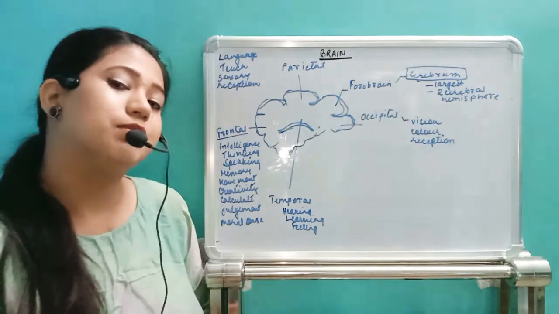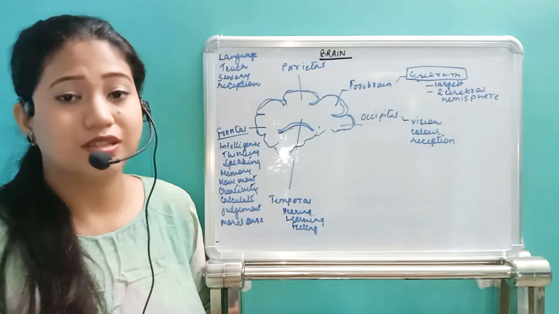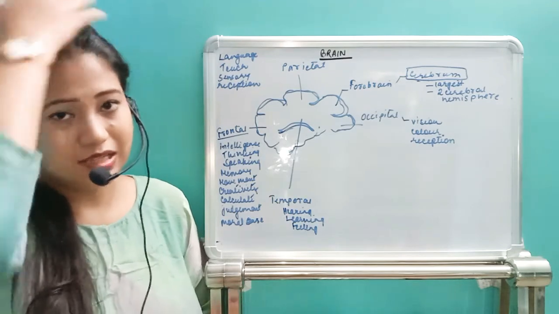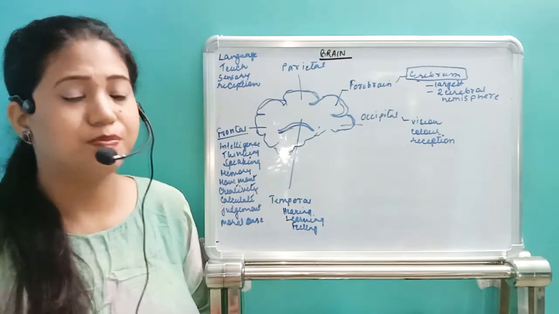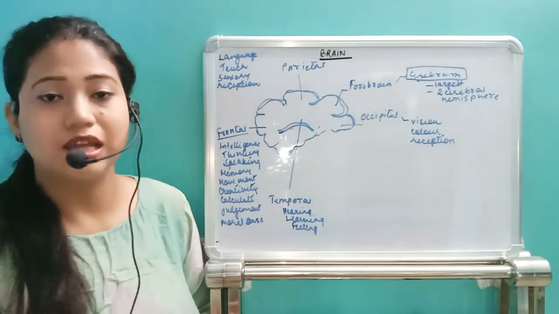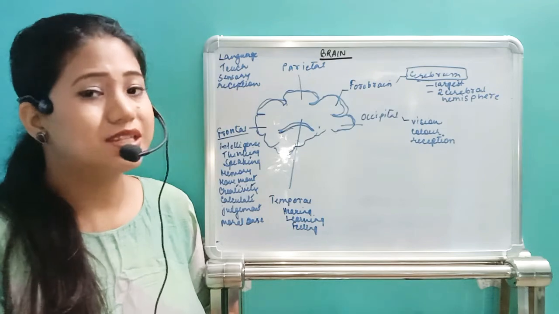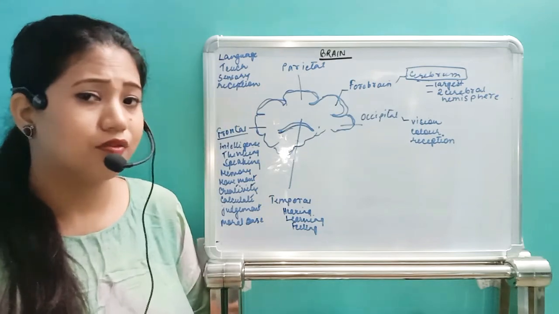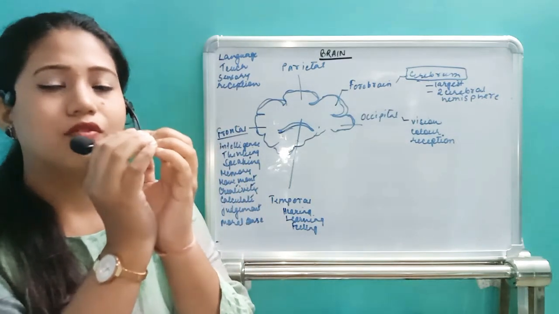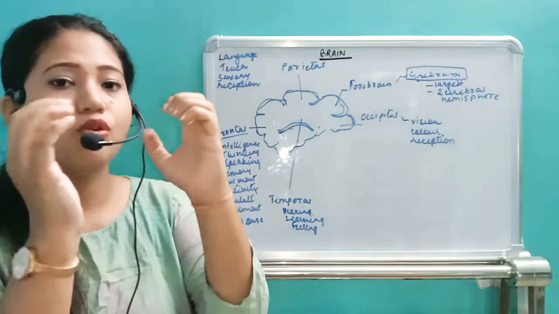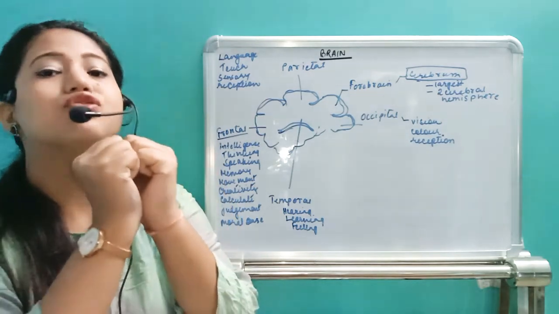Similar thing is happening to the cerebrum also, which is the largest part of the brain itself, the largest part of the forebrain also. Suppose this is the cerebrum, one of the sulci is so deep that it can divide the brain into two parts.